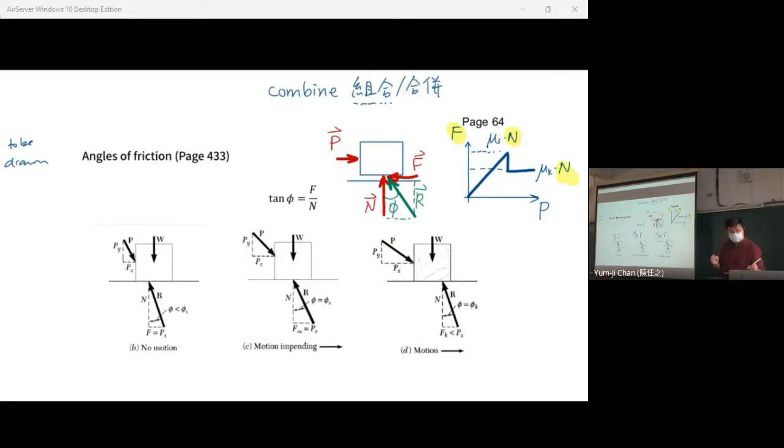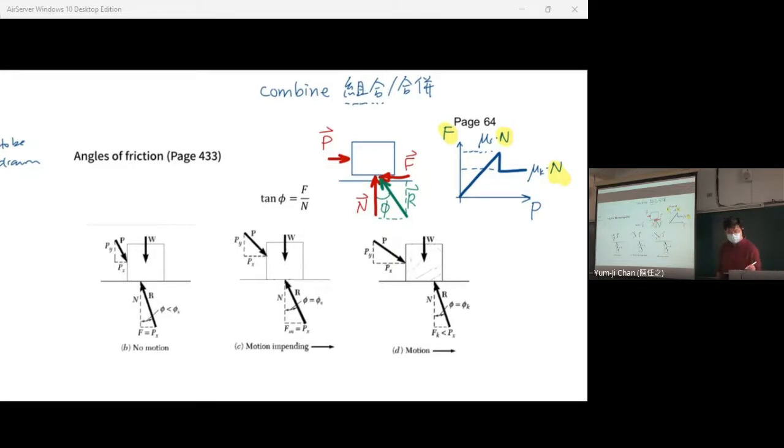Here we look at three cases. If we have the force P, which is not very large, that means it has no motion. In this no motion case, let's draw R the way I've talked about until now, with N and F here.